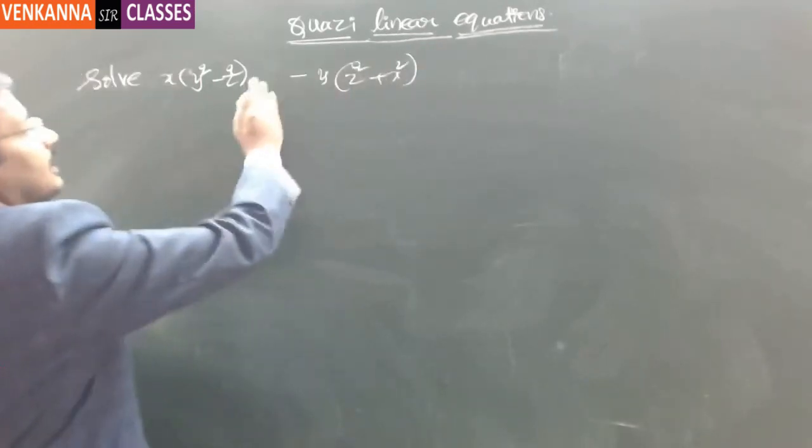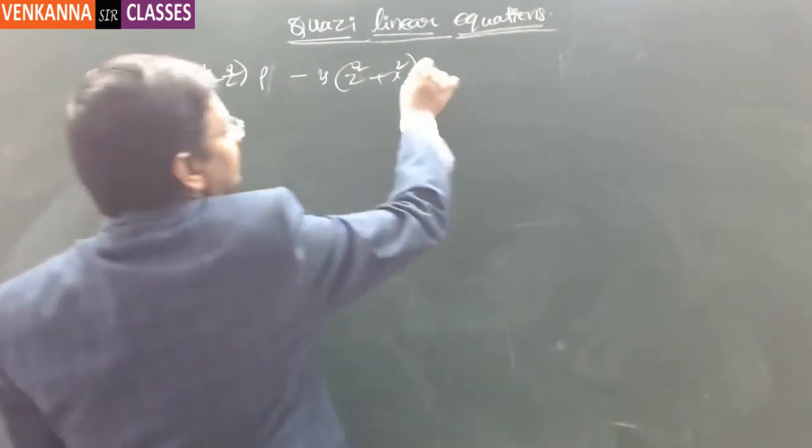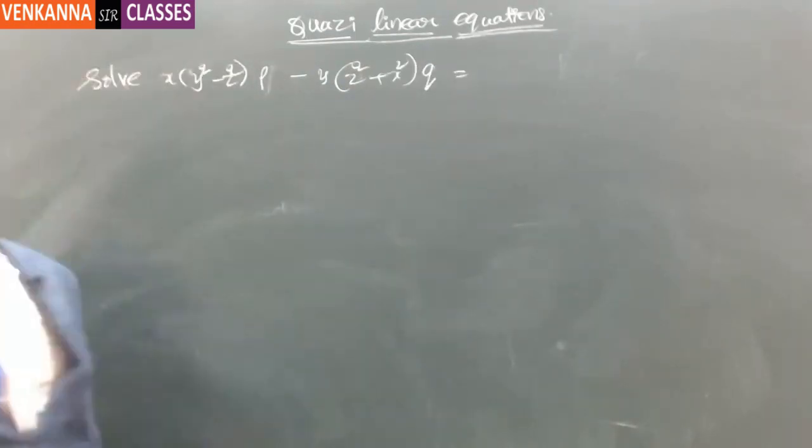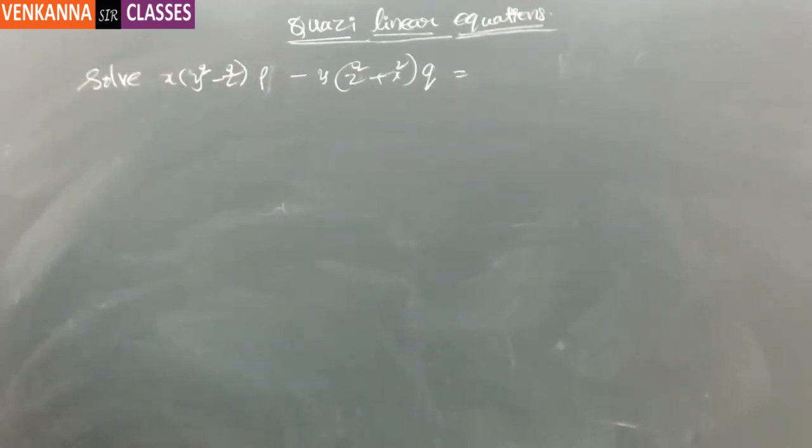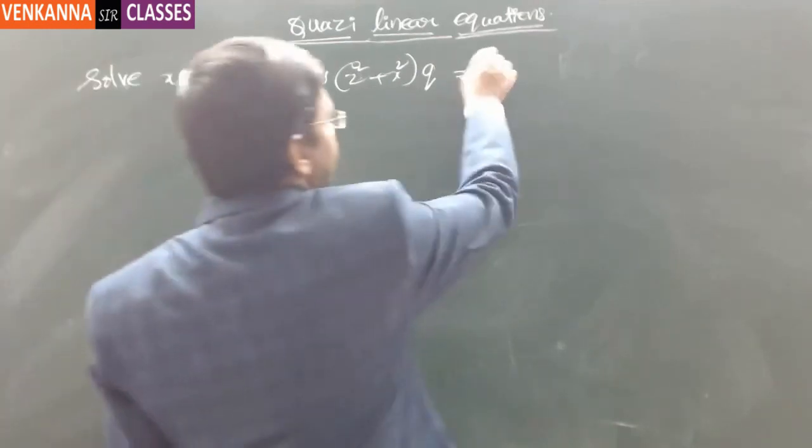I think there is a mistake in the textbook. So this is P, this is Q, this is R, equal to z into x square plus y square.